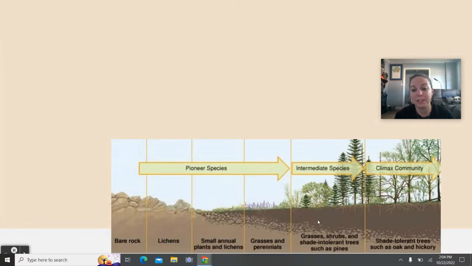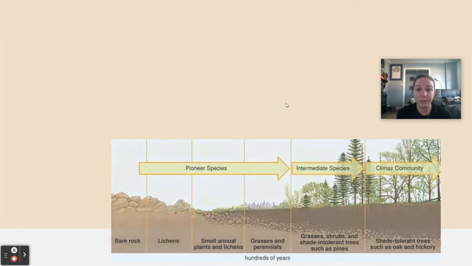And then over time, as that soil grows and deepens, we can start to see intermediate species, grasses, shrubs, very shade intolerant, so sun loving species showing up. And then eventually, our climax community of our shade tolerant large trees.